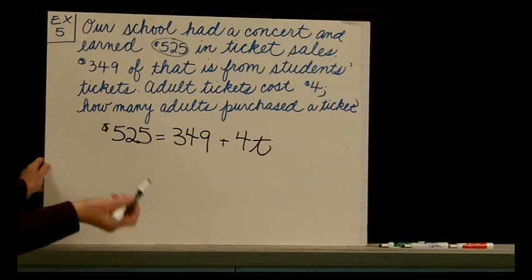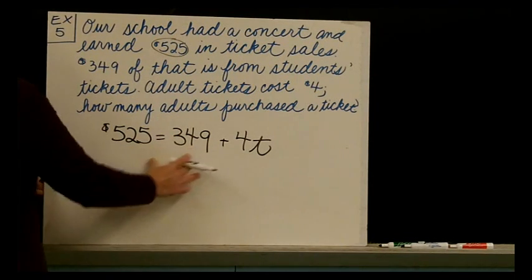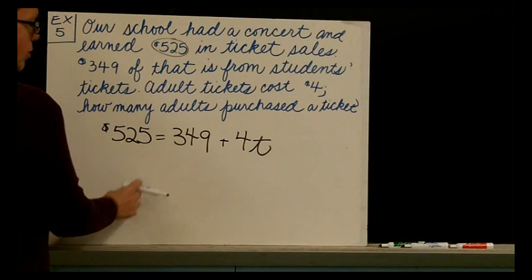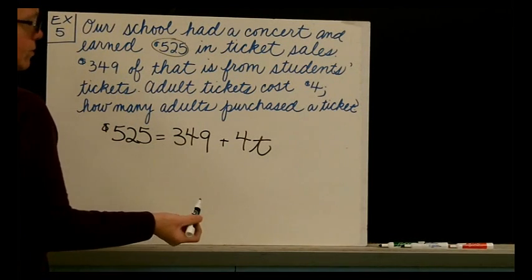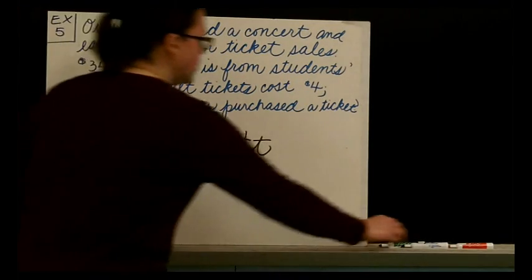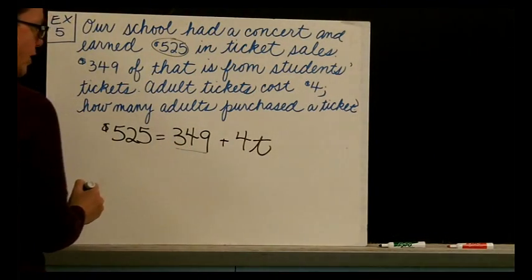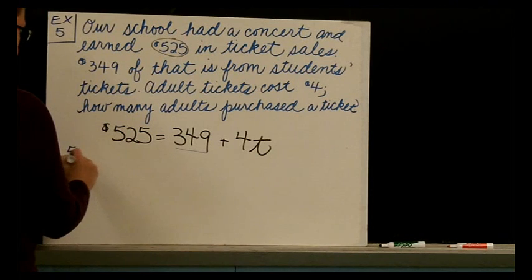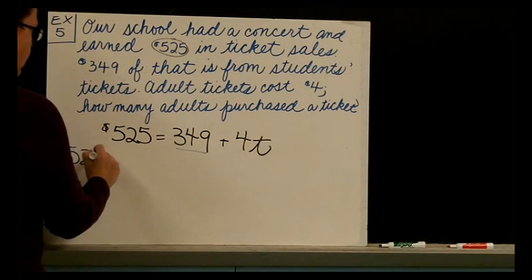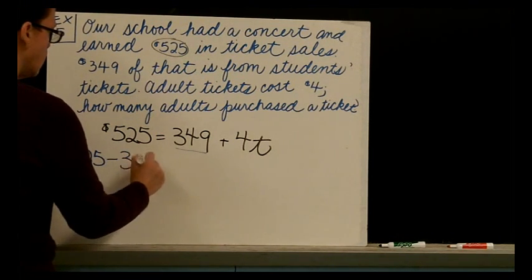We want to know how many adult tickets were sold. Now that we have our equation set up, we're going to follow our steps. Our first step is to negate the constant. Our constant is a positive 349. Which means we have to put a negative 349 on both sides.